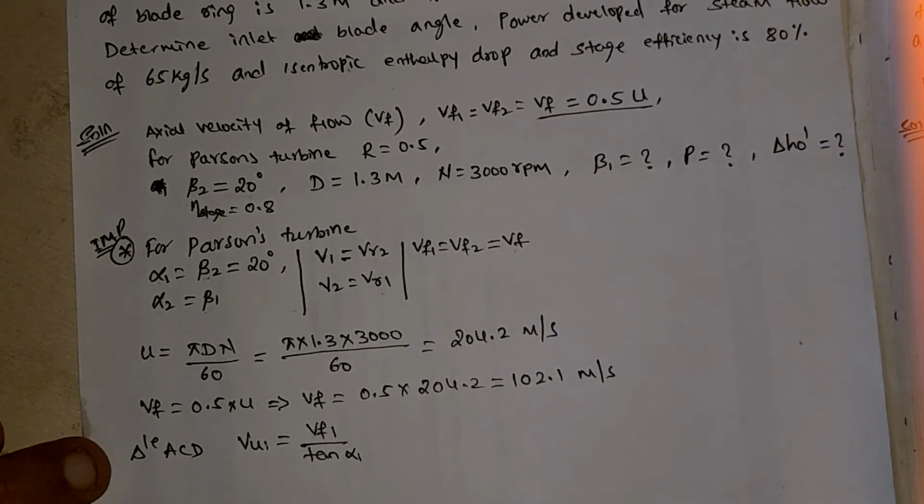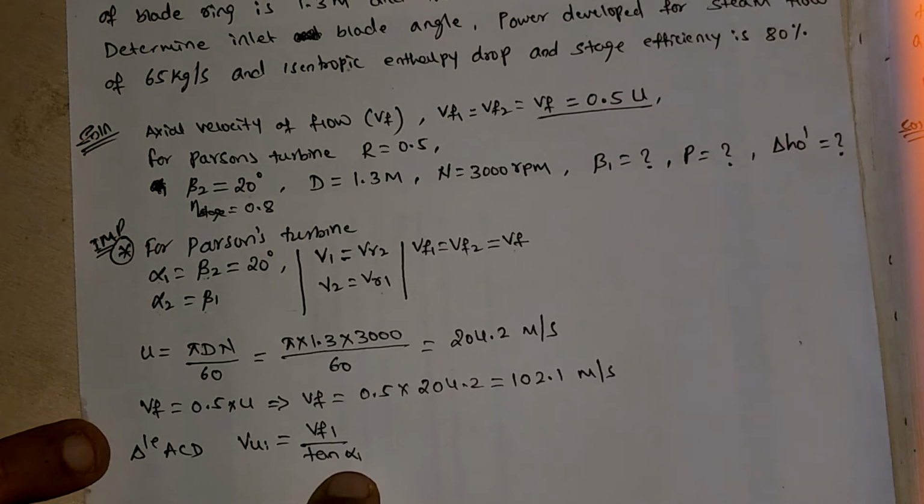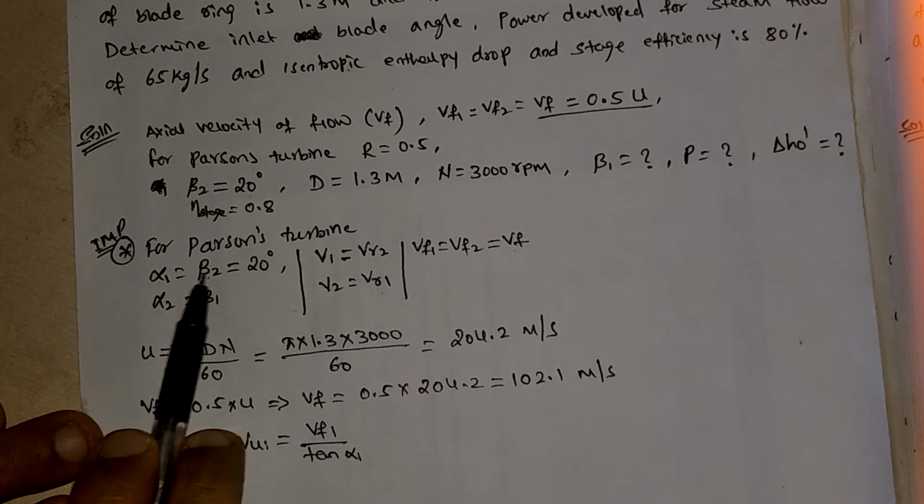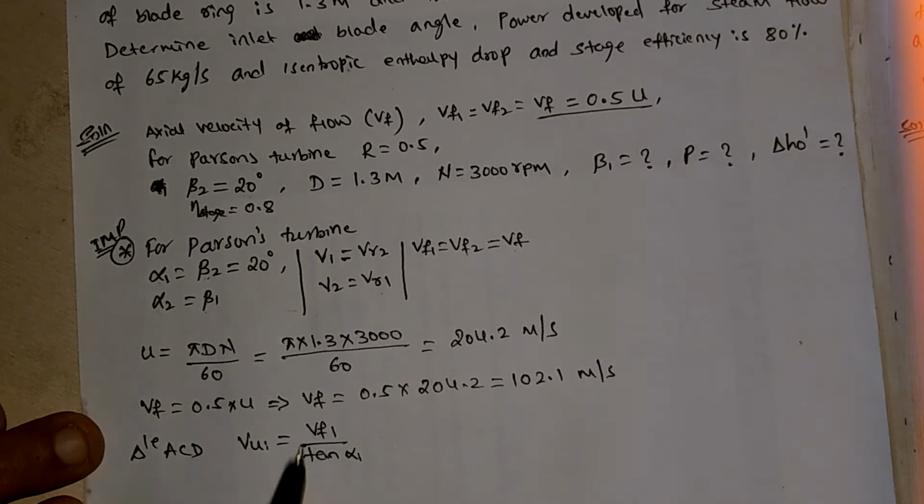In the problem we already know the value of alpha 1. Alpha 1 is equal to beta 2, as you can see here. This angle is already given. We also know the value of Vf. So Vf1 is equal to Vf2, right?